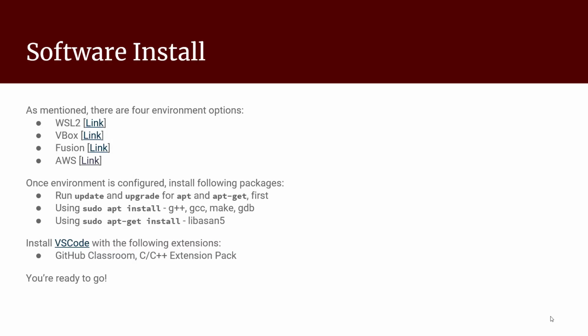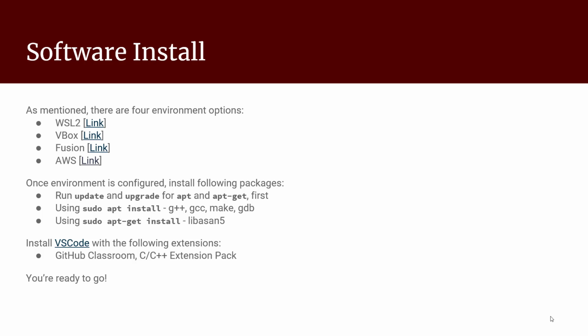Okay, so software. Here are the links of the 4 different options. These links will be videos that walk you through setting up your environment. Once you have your environment created, you should install these packages to be able to compile and run the C++ code.